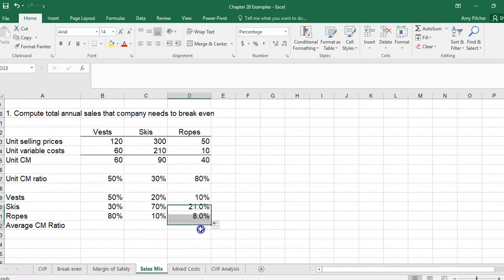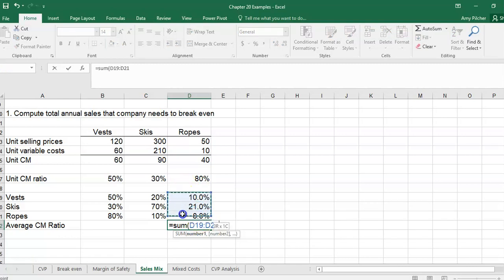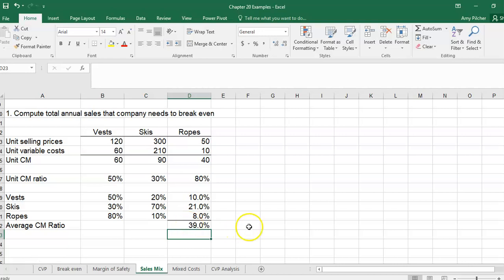We take that for all three items and we add them together to get an average contribution margin for the sales bundle. So we get an average contribution margin ratio of 39% for this sales bundle of three products.